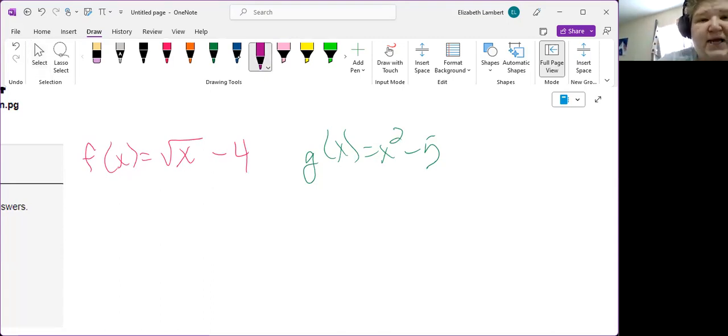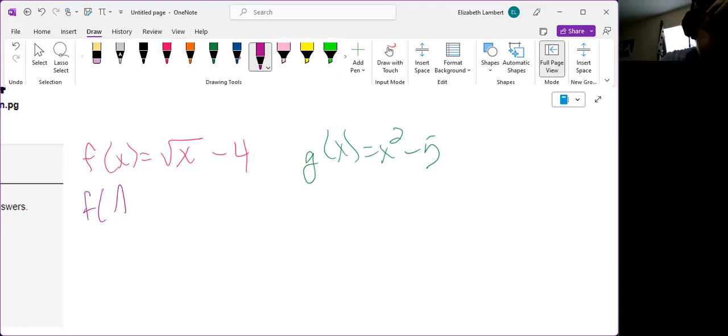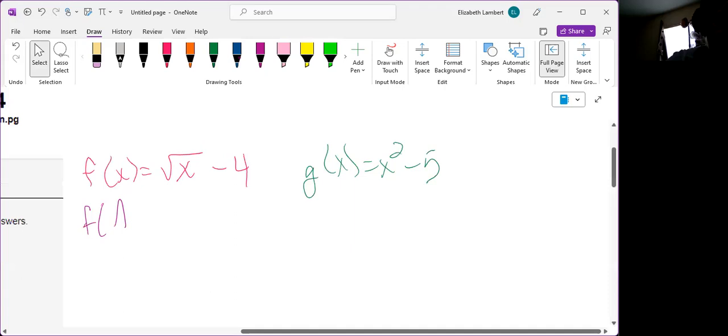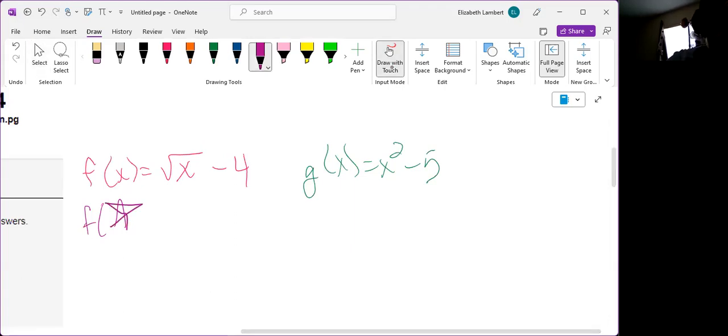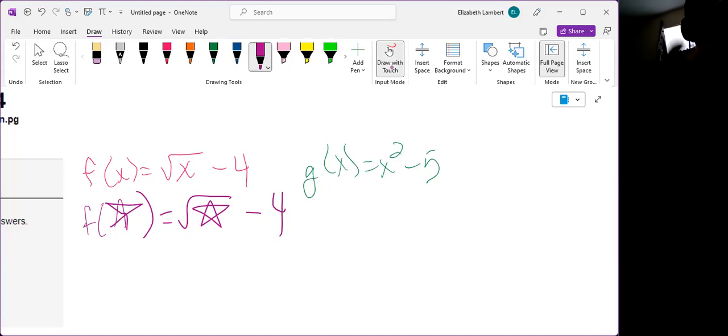So I could say f of star would equal the square root of star minus 4.